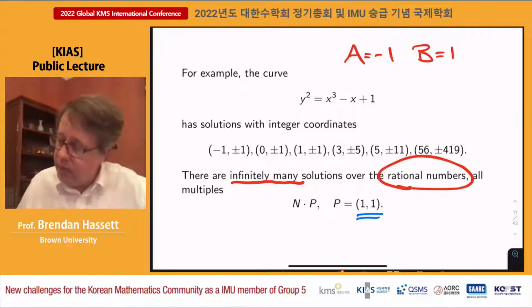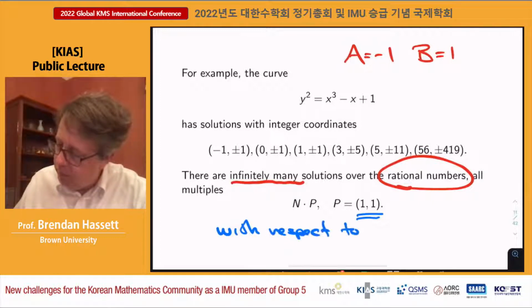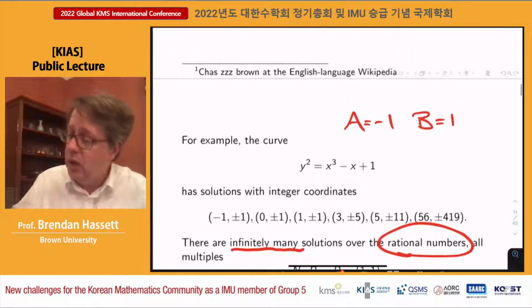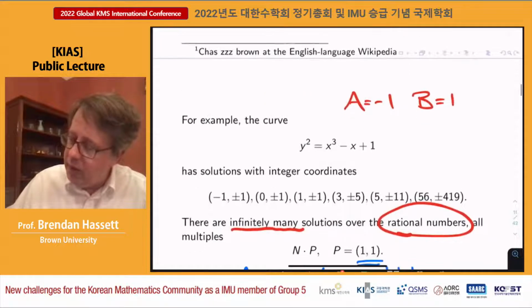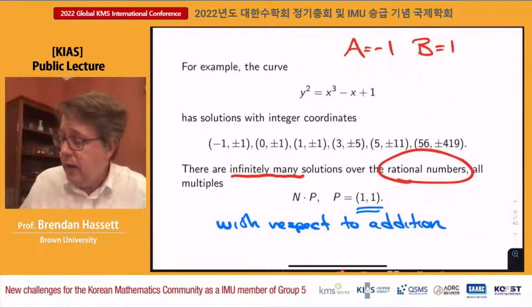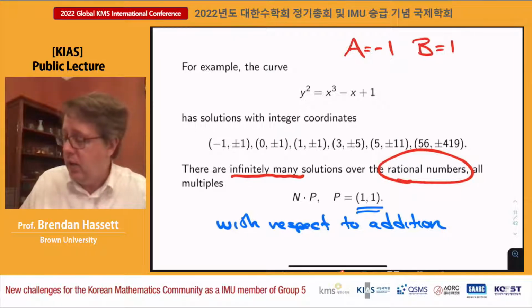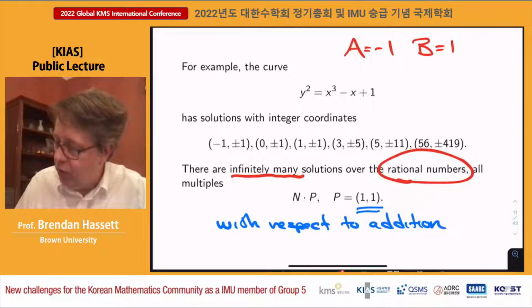And let me just emphasize that this is with respect to the addition operation defined via the incidence relations in the previous slide. So let me just remind you. We have a rule for adding points, and the assertion that I'm making here, and I'm not justifying it at all, is that if I take this special point, I can get all the points simply by taking positive or negative multiples of this given point. And so this is what's called a generator for the set of solutions.